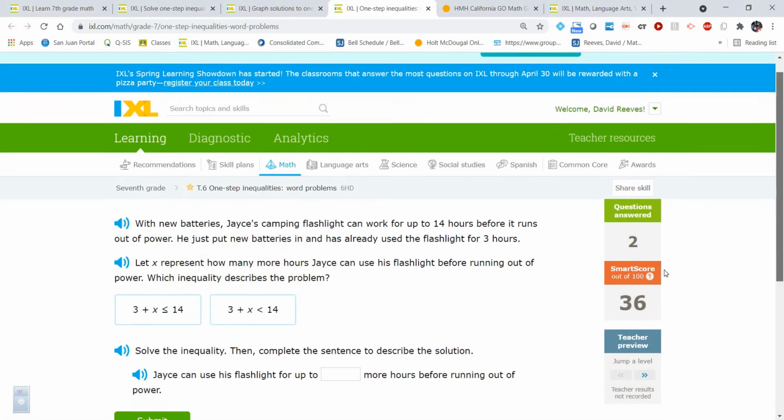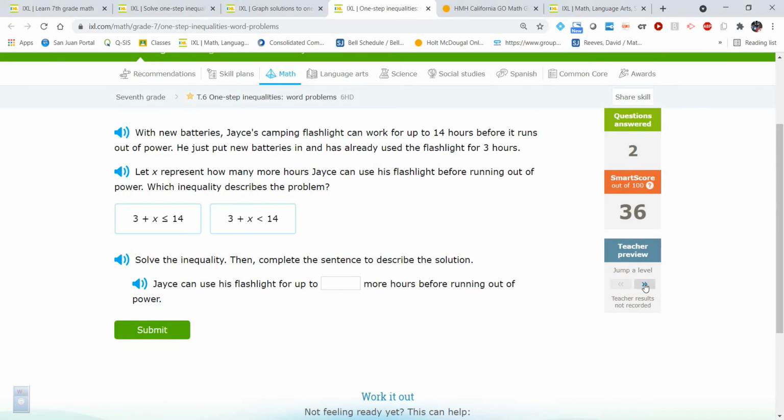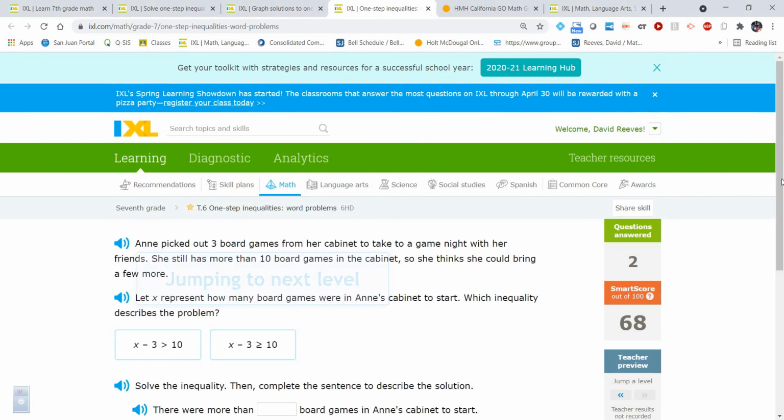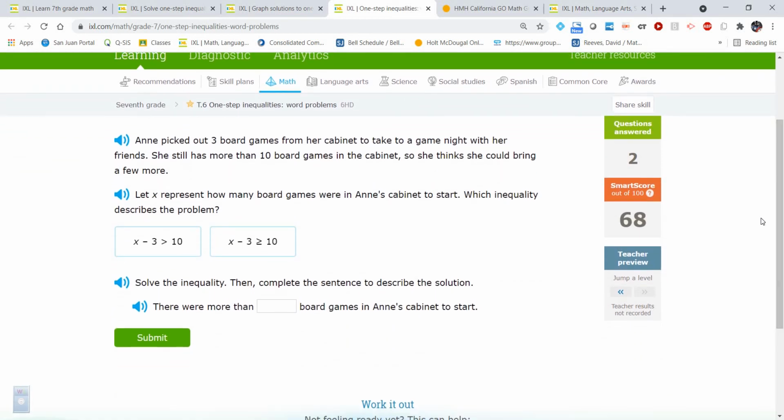All right, let's skip up and see what they have for us at a little higher level here, if I can get it to go. There we go. All right. Anne picked 3 board games from her cabinet to take to a game night with her friends. She still has more than 10 board games in her cabinet, so she thinks she could bring a few more. Let x represent how many board games were in her cabinet to start.